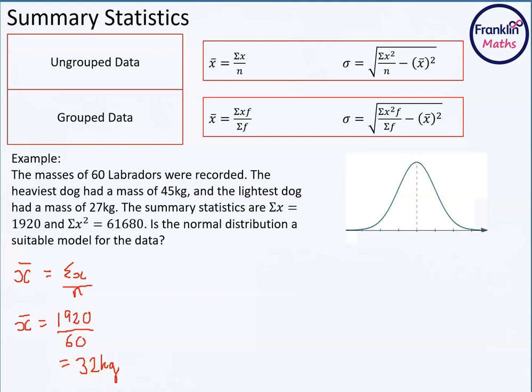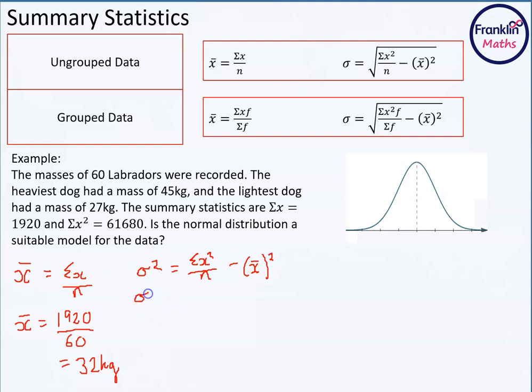And then what we're going to try and find is sigma, but I'm going to find sigma squared first. I'm going to try and find the variance first, and then I'll square root it at the end. So that's going to be sigma x squared over n minus the mean squared.